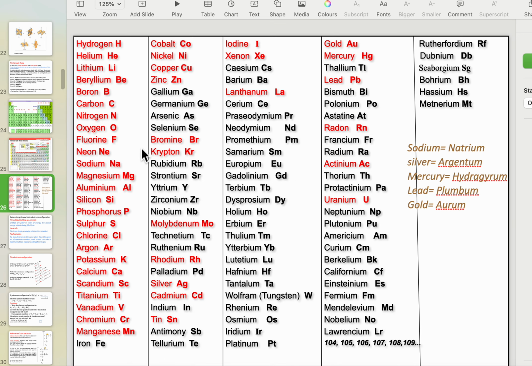Now we come to the naming and symbols. To simplify writing equations and using these atoms in chemical bonding or structures, we have to put them in codes.